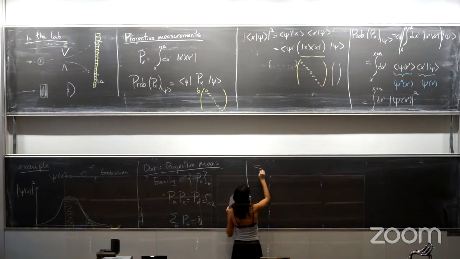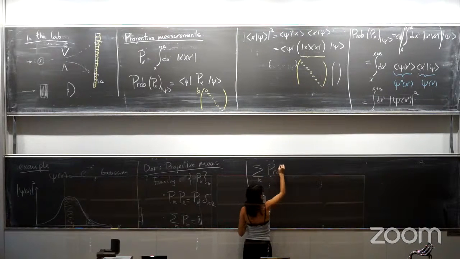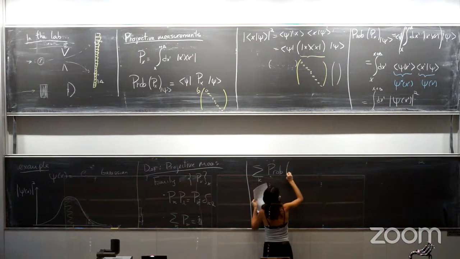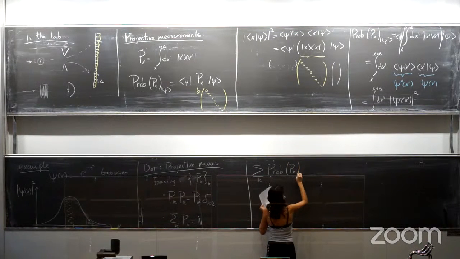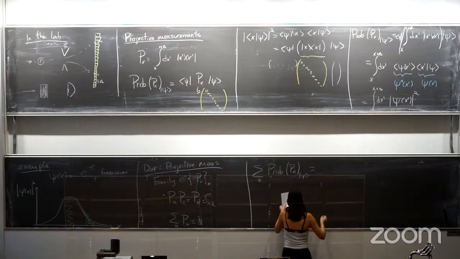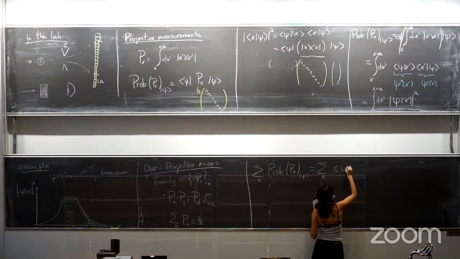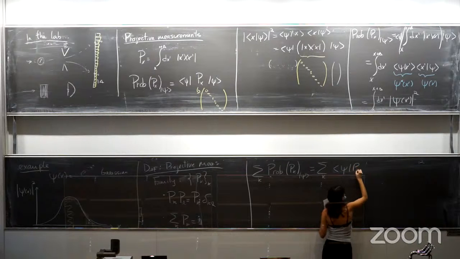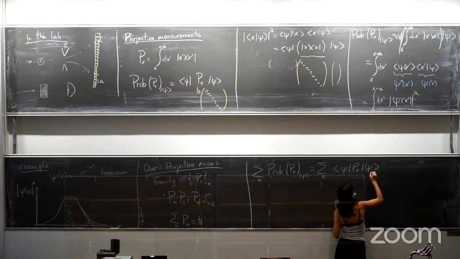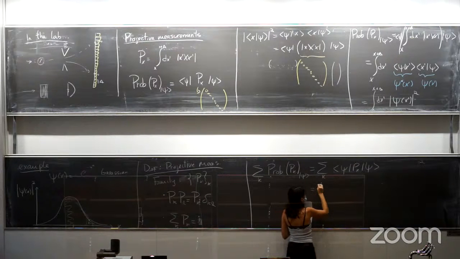So the sum over all k of the probability of getting the outcome corresponding to pk when I measure any state psi is the sum over k of <psi|pk|psi>, and psi does not depend on k, so I can take it outside the sum.